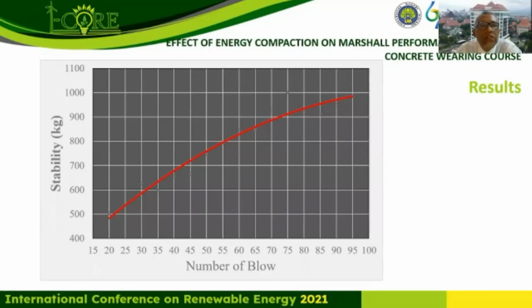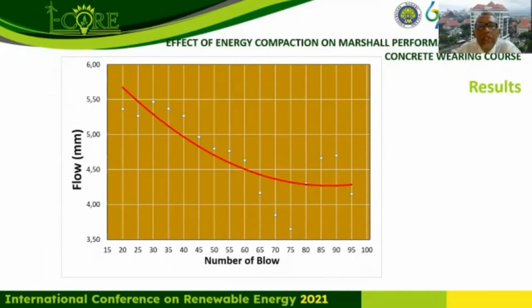This is the result of my research. We can see the stability against number of blows, from 20 blows until 95 blows. The stability trend is increasing, with the maximum at 75 blows.